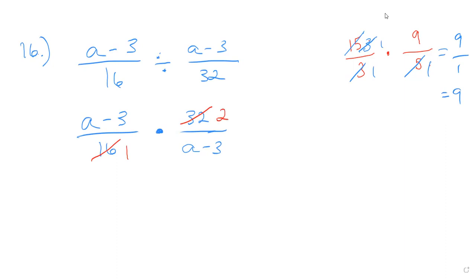All right. Now, we've got an a minus 3, a minus 3. If you will recall, you are allowed to cancel binomials as long as the binomials match. So because I have an a minus 3 and an a minus 3 diagonally, I can cancel those out. That becomes a 1 and a 1. Our final answer here is going to be 2 over 1 or just 2.